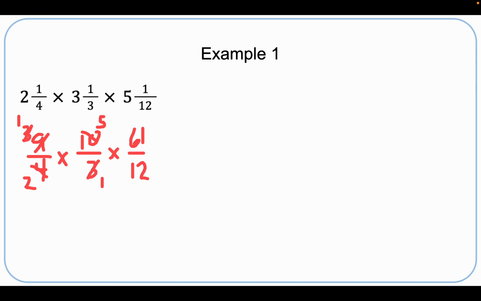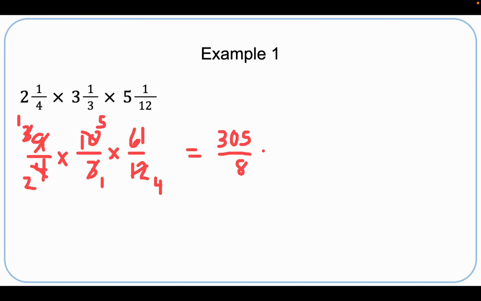So we can factor out a 3, makes that 1, and makes that 4. Okay, there isn't any more cancellation that I see, so we can go ahead and multiply across. 1 times 5 times 61, which would be 305. And then 2 times 1 times 4 is 8.